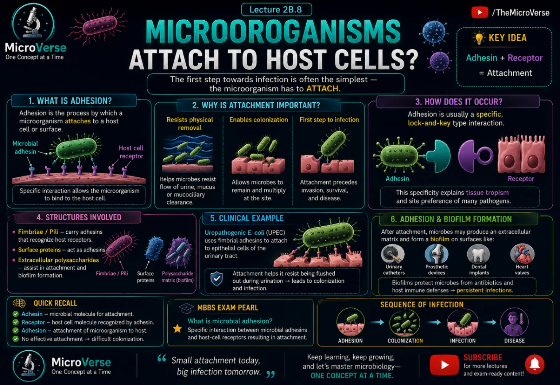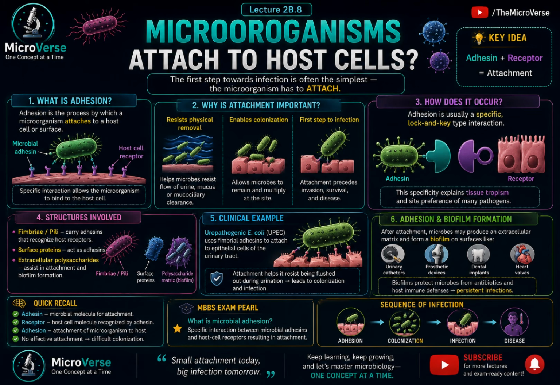So our sequence is becoming clearer: adhesion, then colonization, then infection, and at last disease. Of course, not every infection follows this sequence in exactly the same way, but adhesion is an important early event for many pathogens.